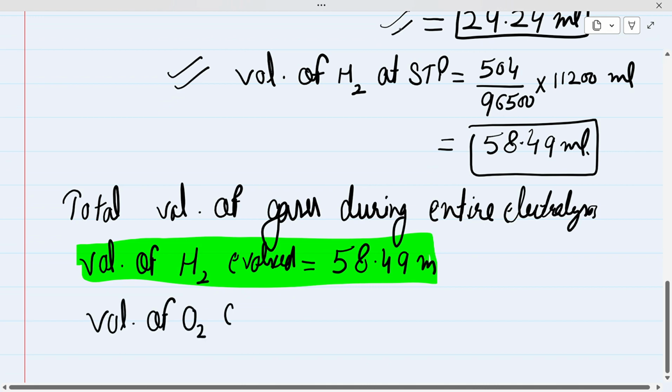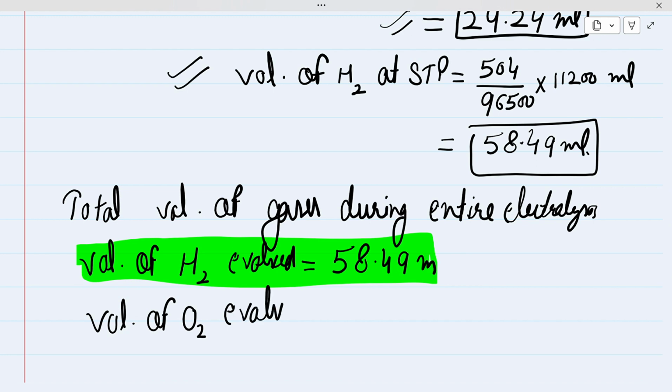And the volume of O2 evolved comes in two stages. In the first stage, when copper is present, the volume of O2 will be equal to the number of equivalents of copper times 5.6, so that volume is 70.55 ml.